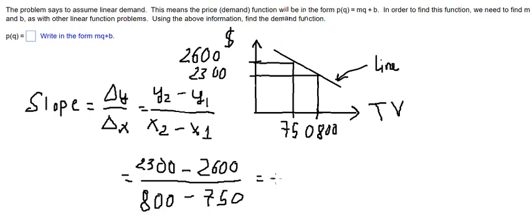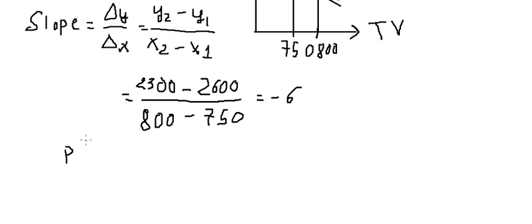So we have negative 6. Now after we have the slope, we have m equal to negative 6. Now we want to find b in here. Let's say I choose the point 750 and 2600. So we have the function in here.